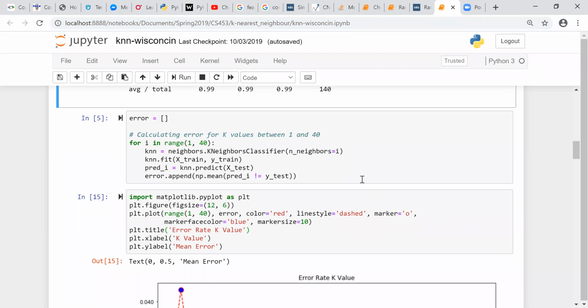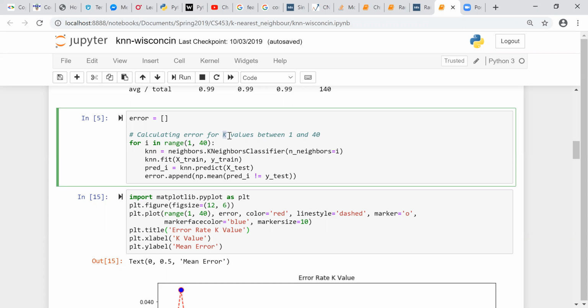But what the next one tries to show is, you remember with KNN, the number of neighbors. So what's the best number for that? That takes some training and some comparison. So what it tries to do over here is let K be 1 neighbor, 2 neighbors, 3 neighbors, all the way to 40 neighbors.